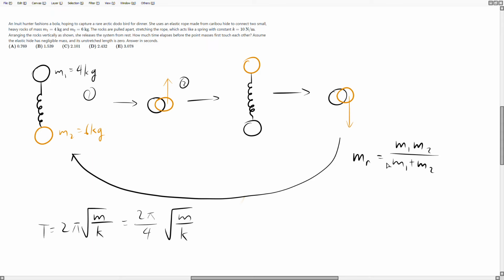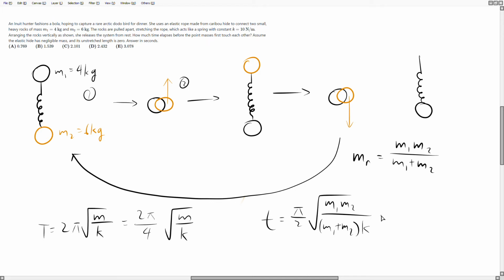So we can really imagine this as a spring with a reduced mass, mr, of m1 times m2 over m1 plus m2. So we can write out the time for the collision as 2 pi over 4, or pi over 2, times the square root of the reduced mass, m1 m2 over m1 plus m2, divided by the spring constant k.